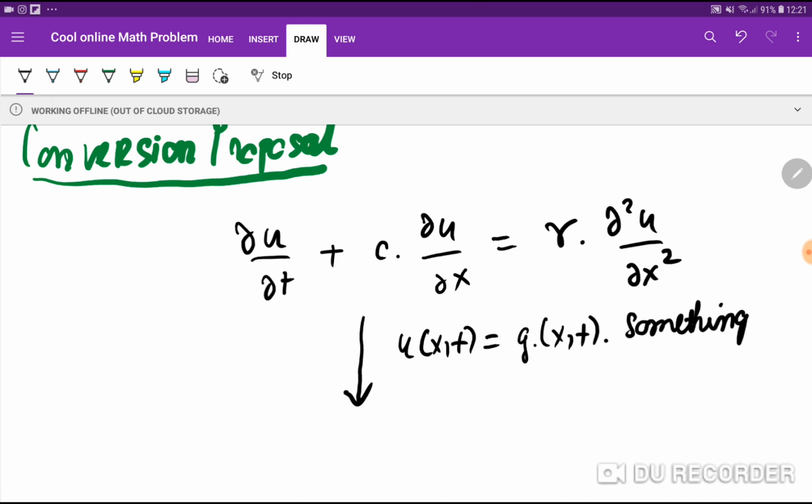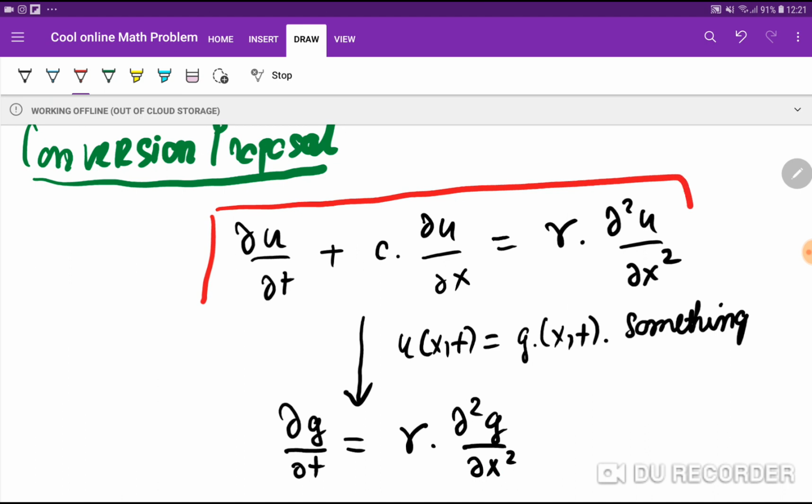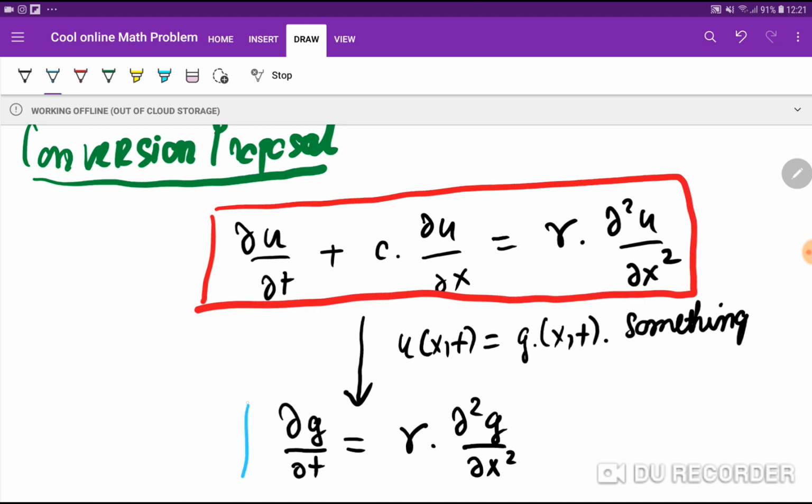We hope that after doing this transformation, we will obtain something like partial of T over partial t equal to mu v times the second partial of T over partial x squared. Yes, guys, this right here turns into this right here.